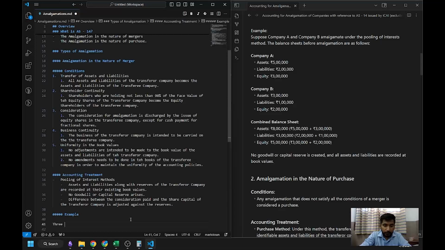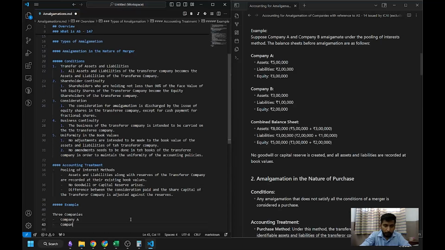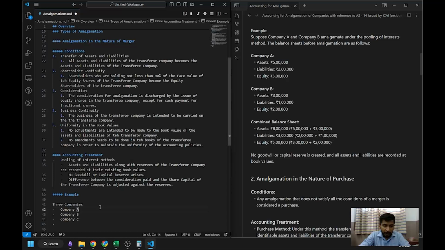There are three companies: Company A, Company B, and Company C. These have to amalgamate. Three companies are amalgamating under pooling of interest method.